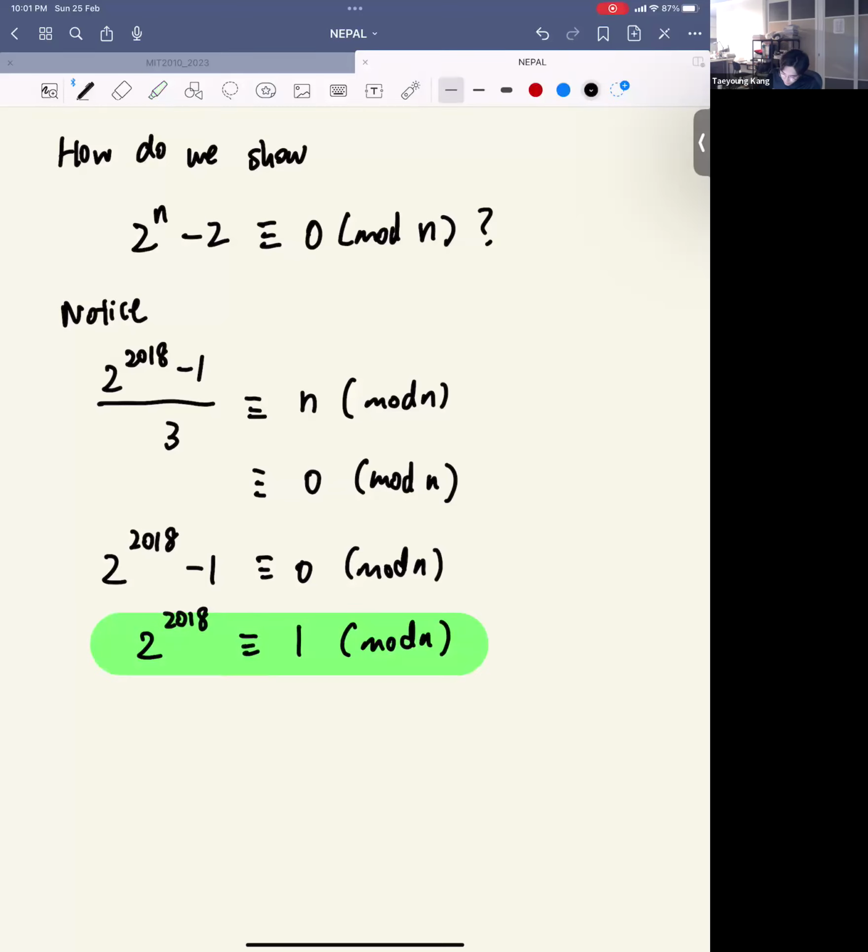So now we let n be equal to 2018a plus b, where b is less than 2018 but larger than 0. So we have this fact, right?